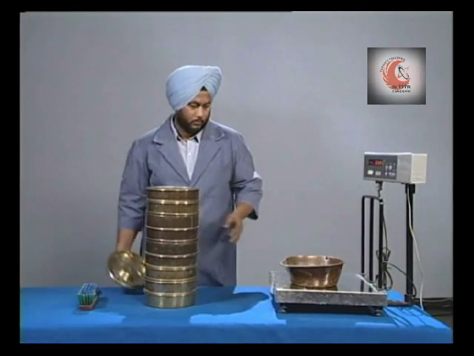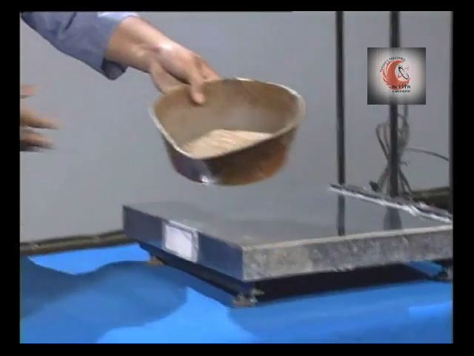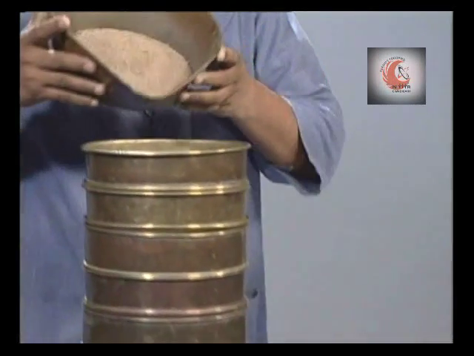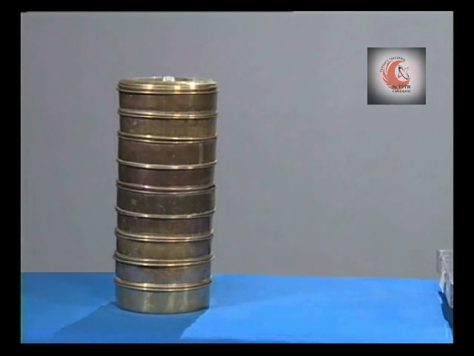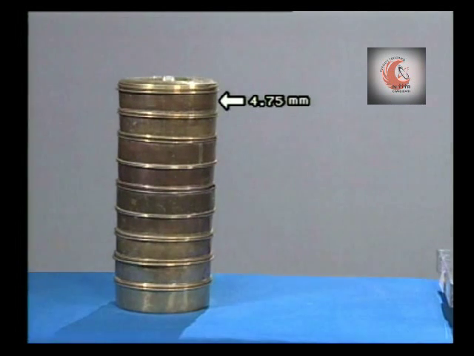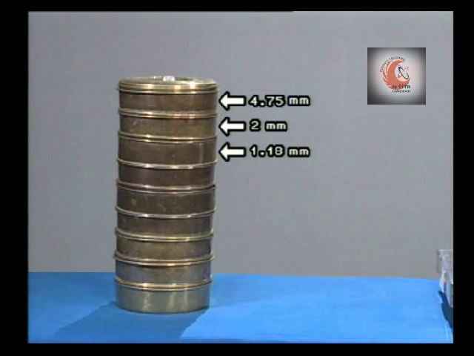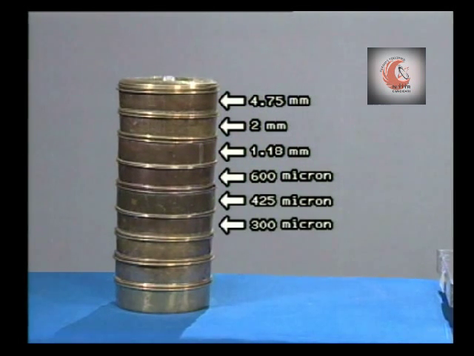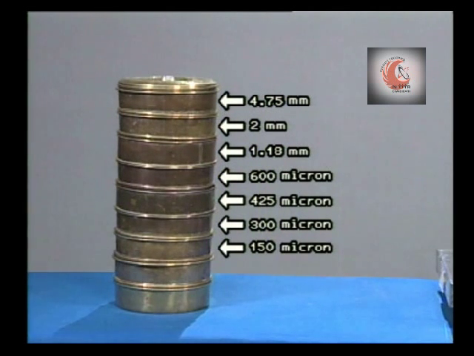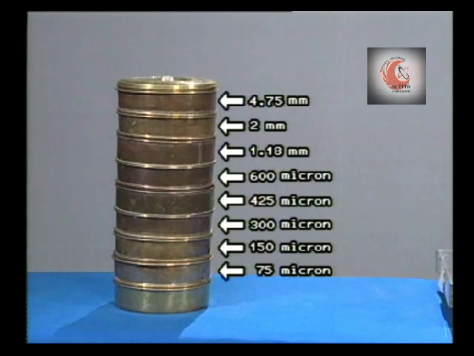For finer analysis, sieve the material passing through 4.75 mm IS sieve through a set of sieves, that is 4.75 mm, 2 mm, 1.18 mm, 600 micron, 425 micron, 300 micron, 150 micron and 75 micron size.